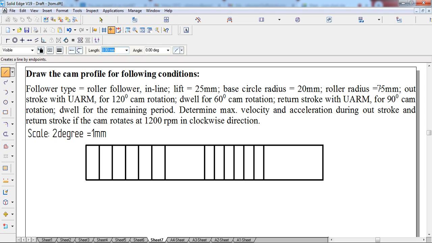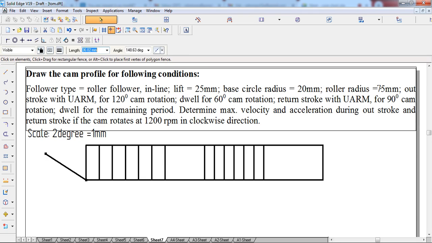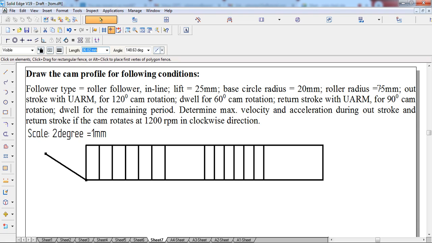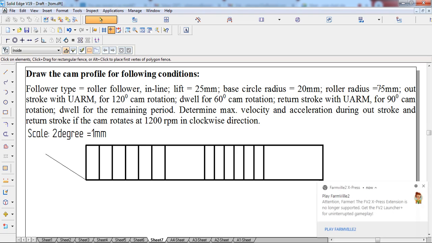You can take any length here, and from that length you can take equal distances. Say you take around 11 mm.